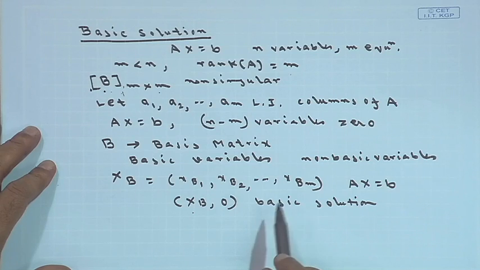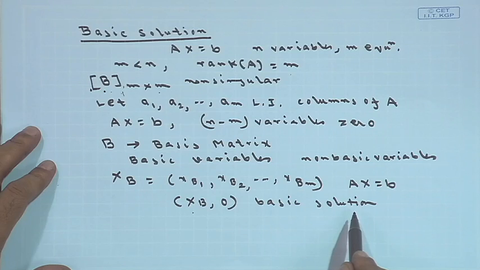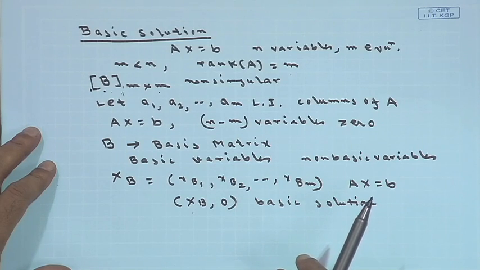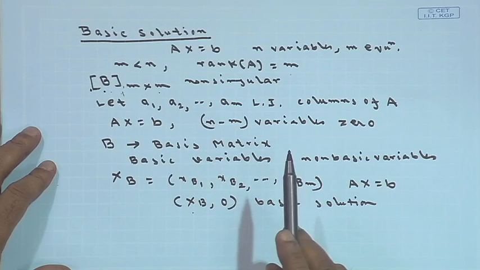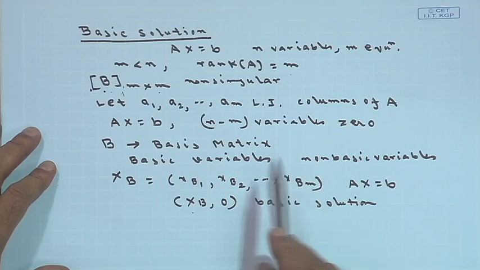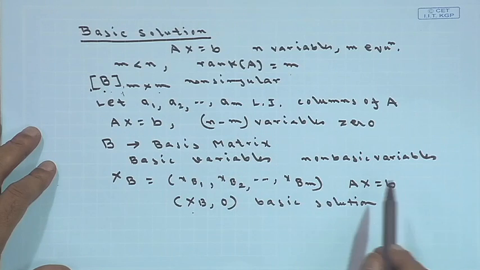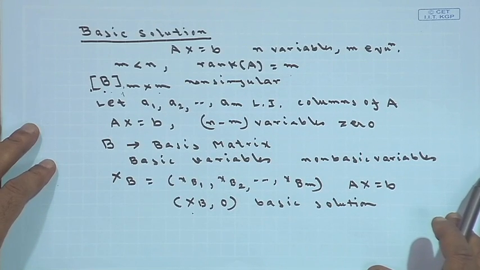I am not saying that this is the only solution; I am saying this is a basic solution. How are we obtaining the basic solution? We take m linearly independent columns and form a matrix B. I associate the variables attached to these linearly independent columns, which I call the basic variables, and all other n minus m variables will be the non-basic variables, and this x_B comma 0 is the basic solution.